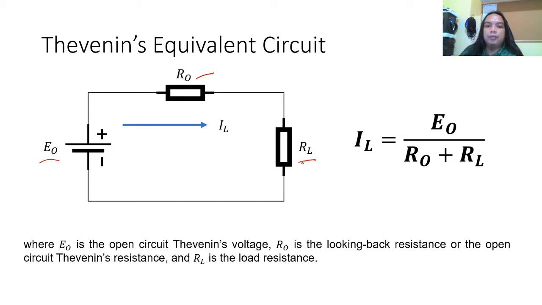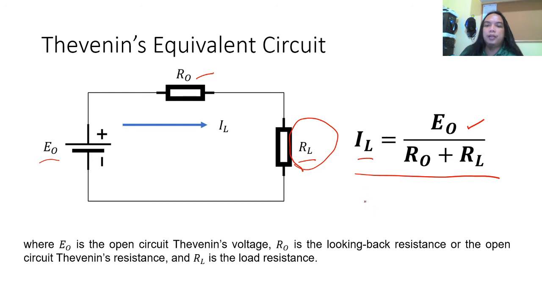Now, if you want to find the value of the current IL, you need this equation. So IL is EO divided by RO plus RL.